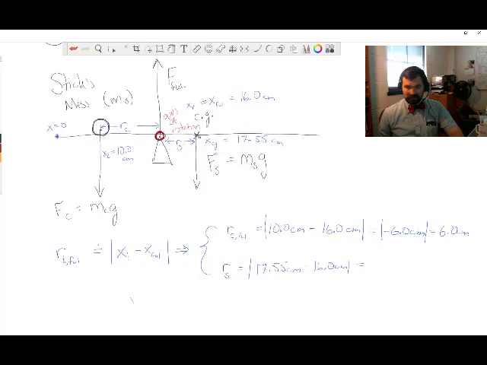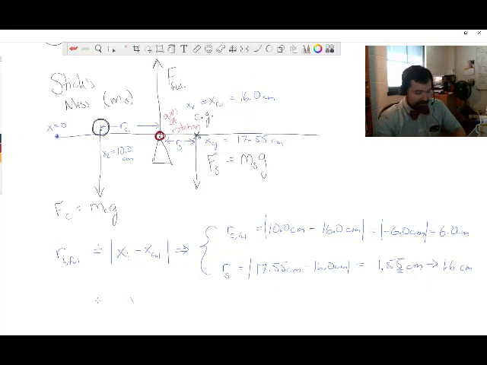You're going to take an absolute value, but it's going to be positive anyway. You end up with 1.55 centimeters. Arguably this digit is an extra digit given that everything else is only to the tenths place, so we might even say that this is actually 1.6 centimeters.